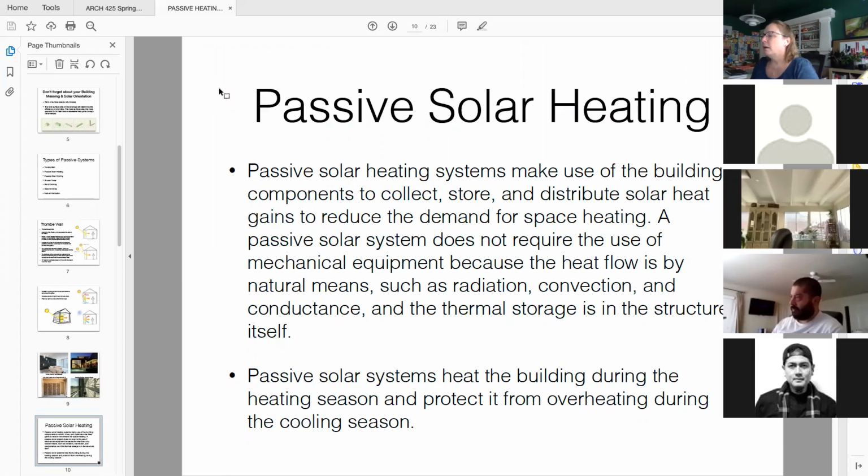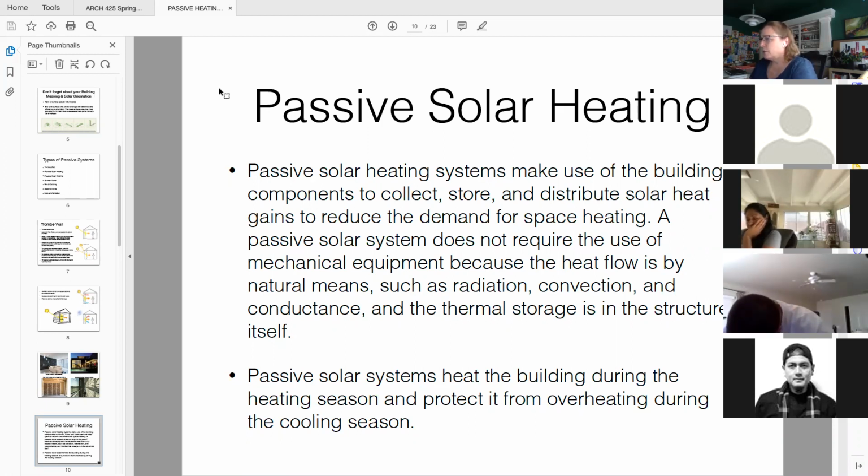Okay, moving on, passive solar heating. It's not a given name like a Trombe wall, a particular distinctive name, I guess, but it can be applied in many different ways also, similar to a Trombe wall, but there are certain features, again, that need to be included.